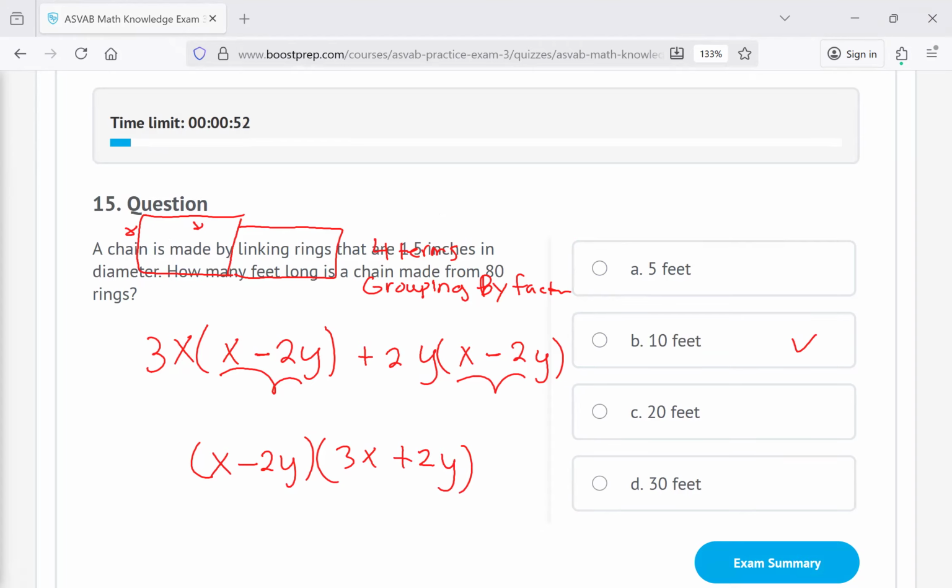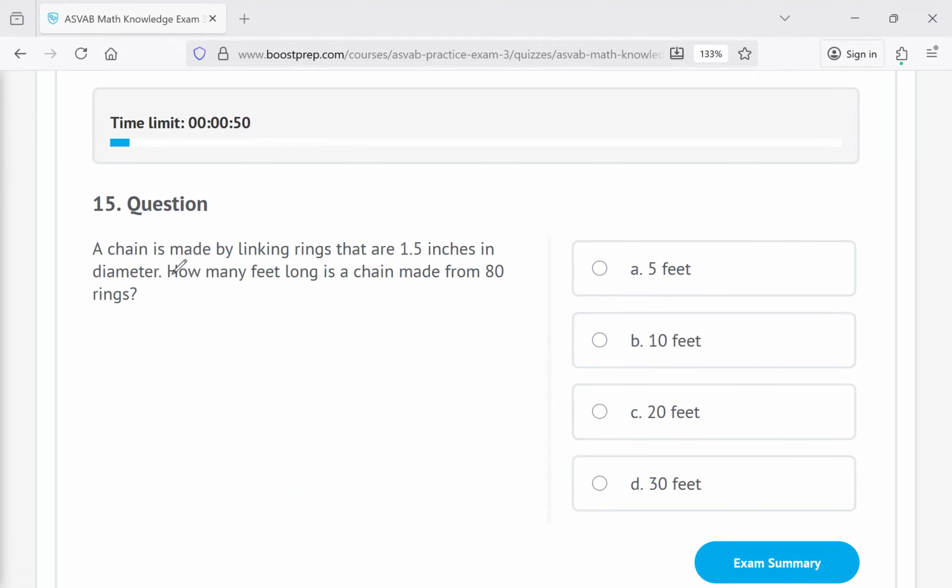I'm gonna run out of time, but a chain is made by linking rings that are 1.5 inches in diameter. How many feet long is a chain made from 80 rings? So imagine you have a chain, a ring chain, and the diameter is 1.5 inches.